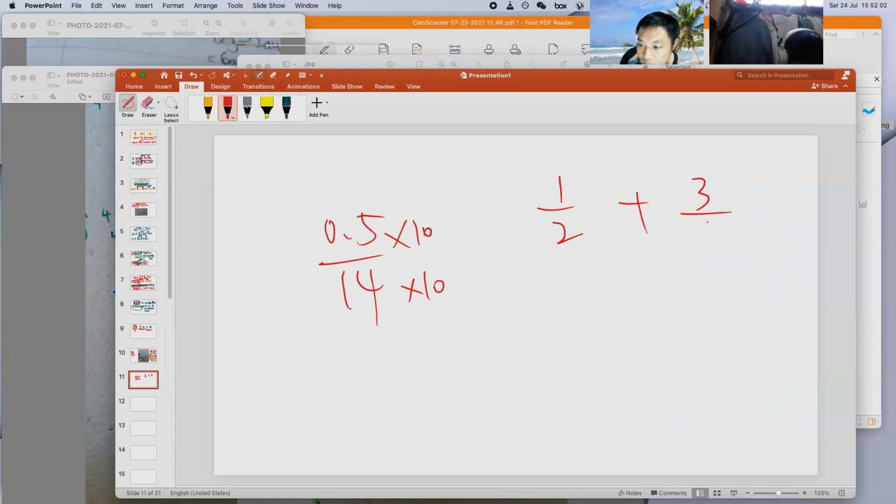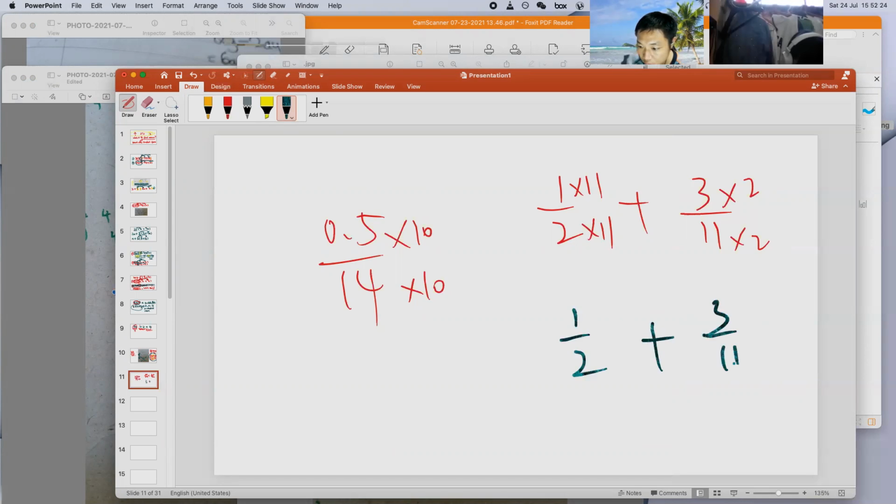I asked you to times 11 here, and times 2 here, and to write all of this down, right? What you did last time, given the same question, is you say times 11, and then you write times 2. This is what you did last time.